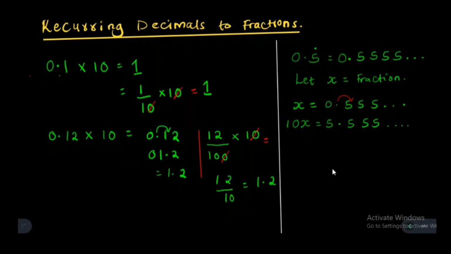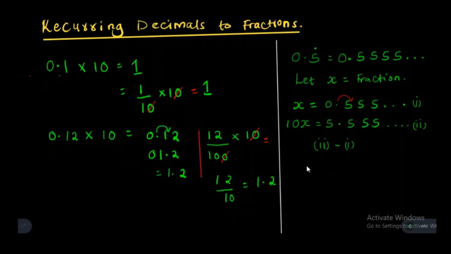The next step is to subtract the first equation from the second equation. So assume this was my first equation and this was the second equation. I'm going to subtract the first equation from the second equation.